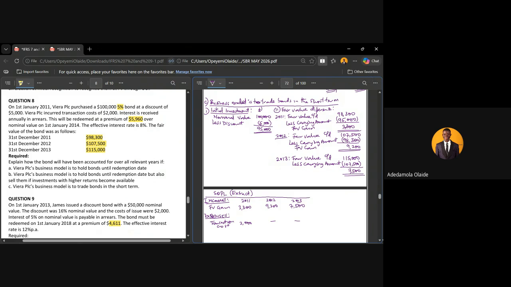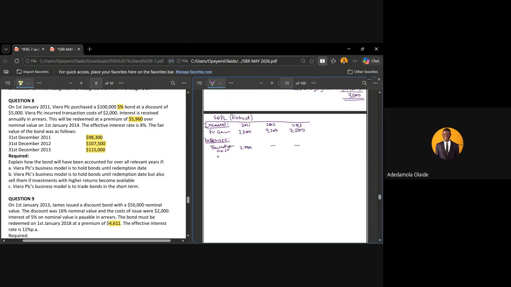Then in our statement of financial position extract, we'll have 2011, 2012, and 2013. Current assets, financial assets. Because when we are holding it to sell it, we just take it as fair value current asset because we can sell it at any point in time.